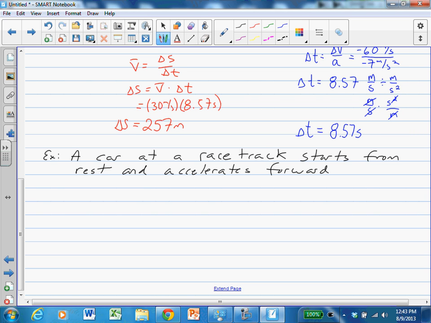At a constant rate. 12 meters per second squared. How long will it take the car to travel 50 meters?